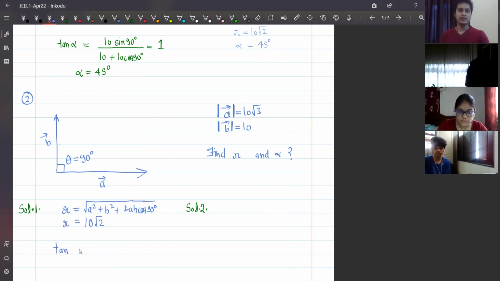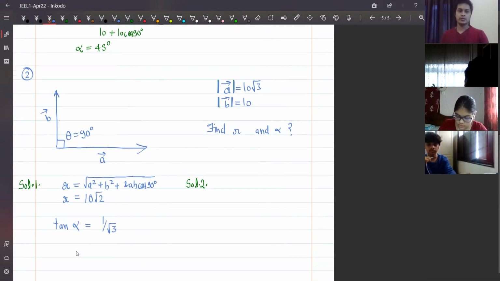And what's the value of tan alpha that you're getting? I was still solving. Solve for tan alpha. Nirbit, have we got tan alpha? Yes, sir. Alpha is 30 degree. Okay, good. Tan alpha, if you solve, you'll get it as 1 by root 3. From there, you get alpha as 30 degree.